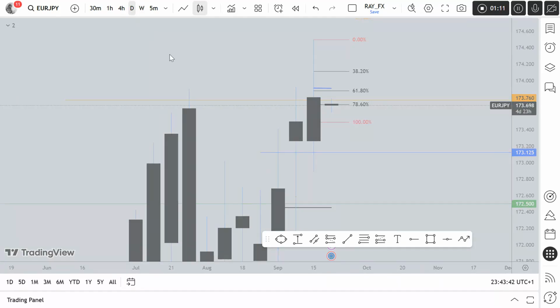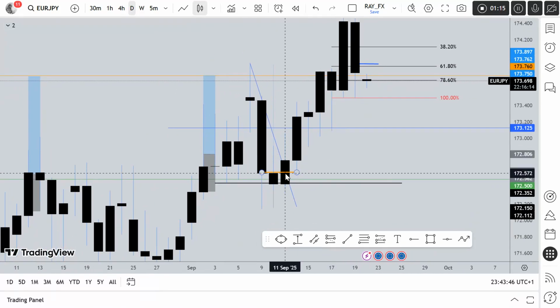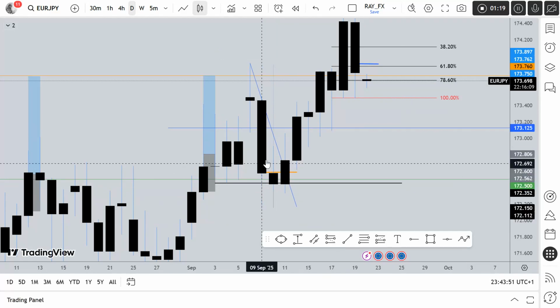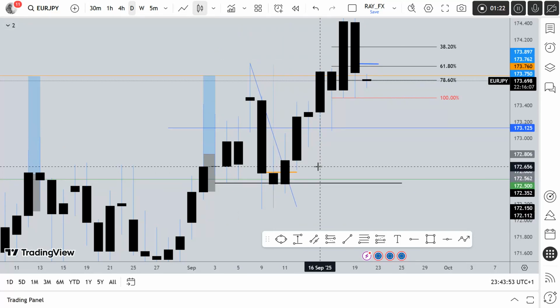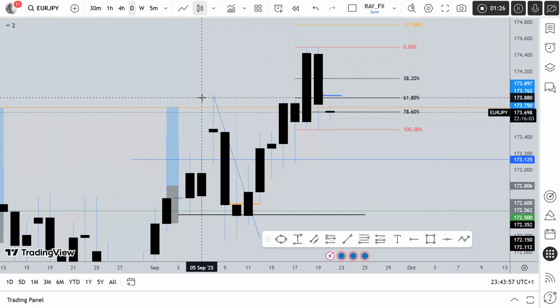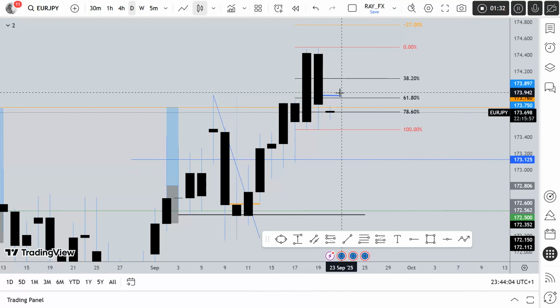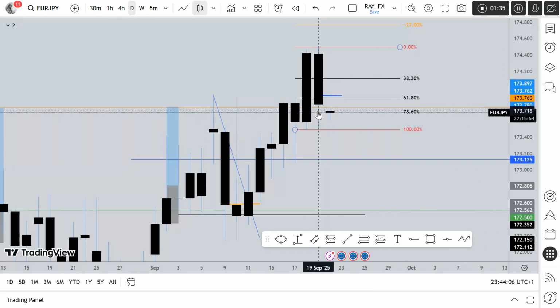Now, breaking that down on the daily time frame, you can see that the daily was bullish. I got a long from 172,500 after seeing a signal around here. Took profit at this previous high here, okay, so somewhere around here. Then we saw the daily close above 173,750, and now we're more or less retesting the area.